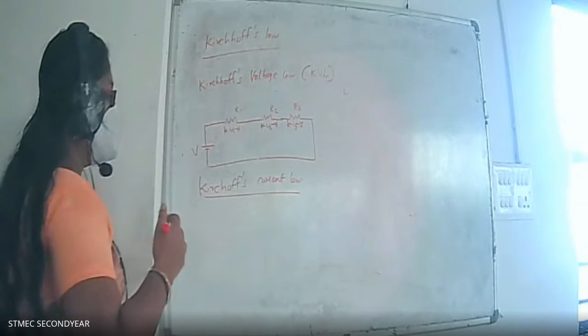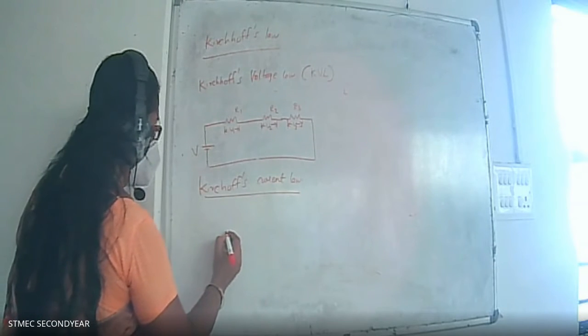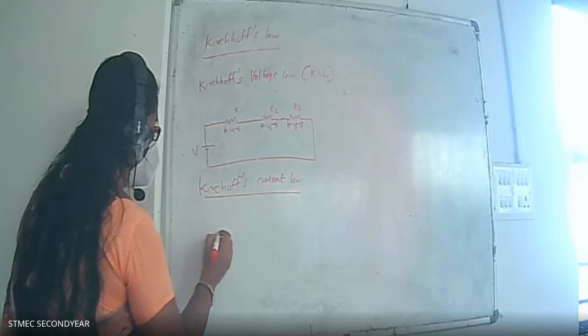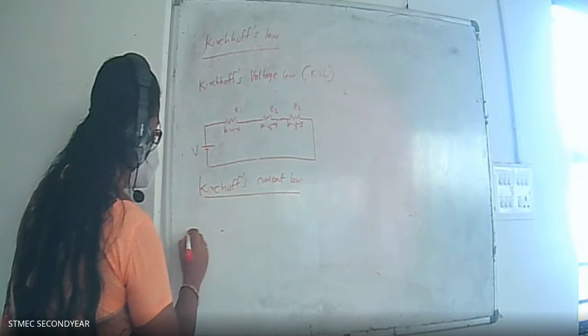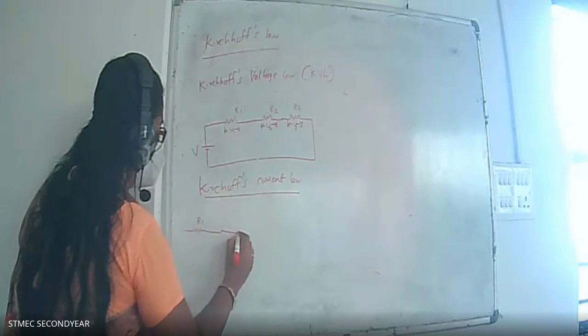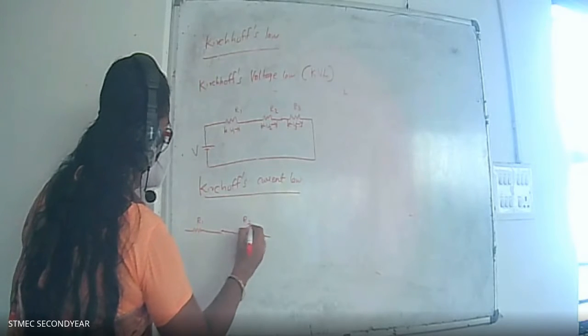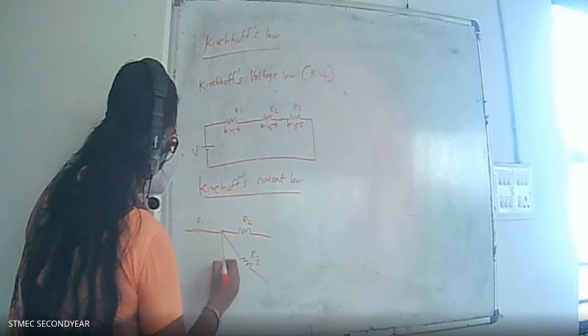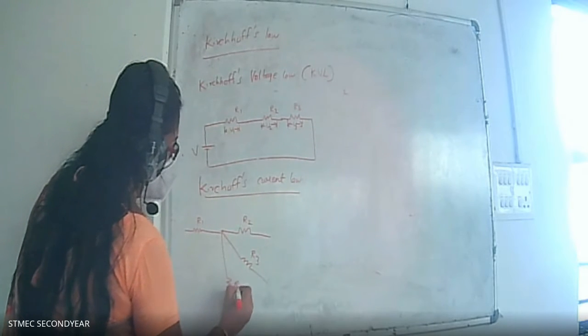So in the case of current, suppose we have a common point or common node in a network. Suppose different components, R1, this is R2, this is R3, and this is R4.